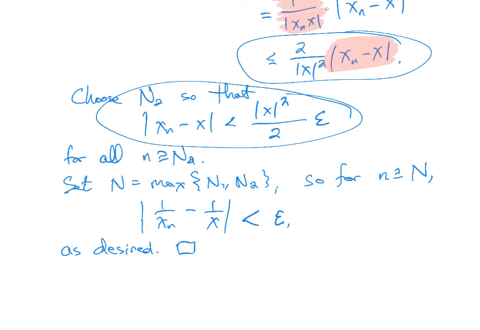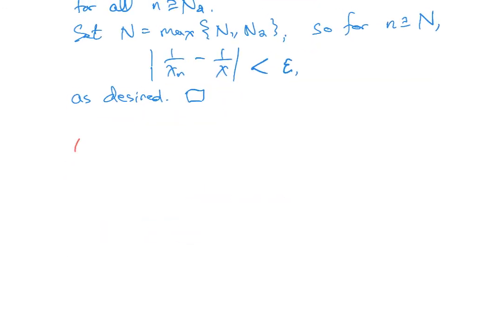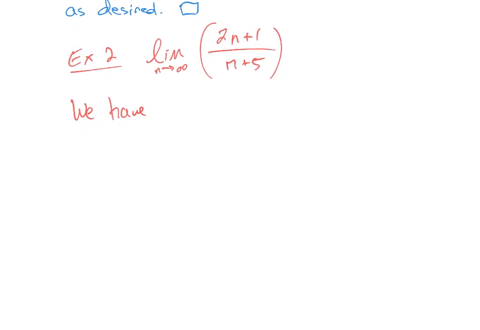Okay. Last thing, I wanted to go back to that example that we skipped, and I said we'd come back to it. This was example 2 from before. We were looking at the limit of 2n plus 1 over n plus 5.